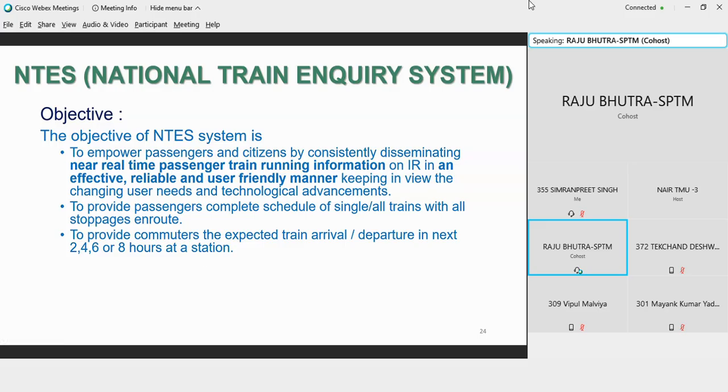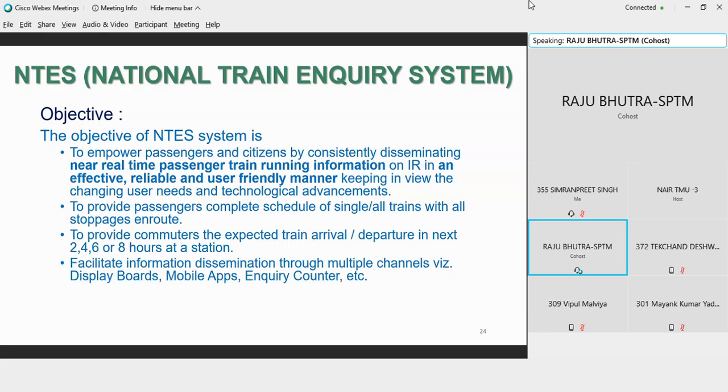So in the next 2, 4, 6 or 8 hours, how many trains are coming and what their arrival and departure timings are, that is provided by NTES.